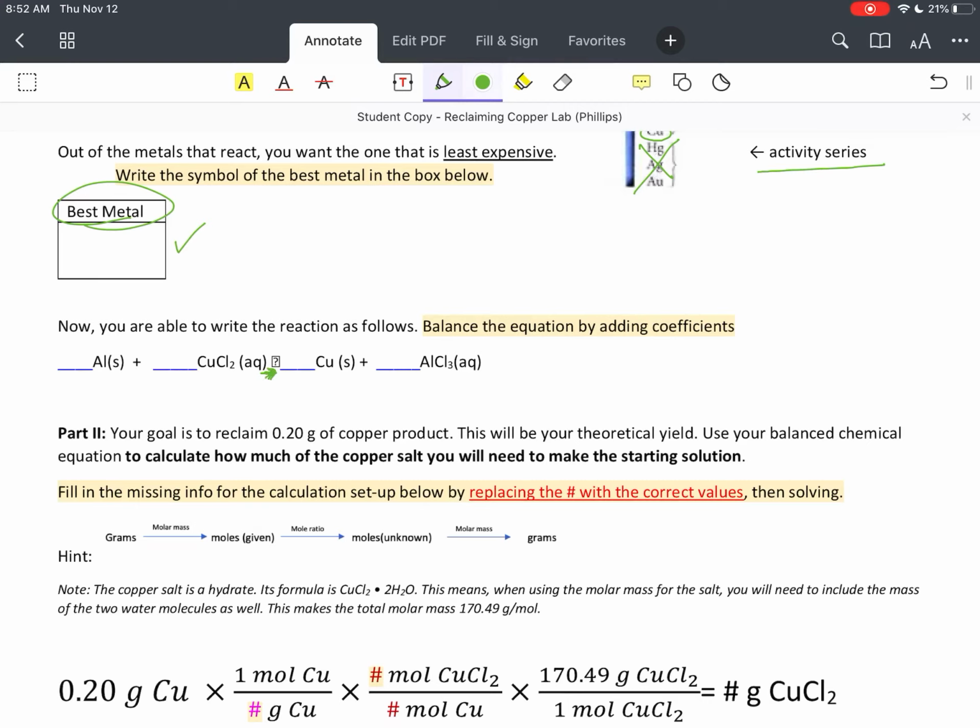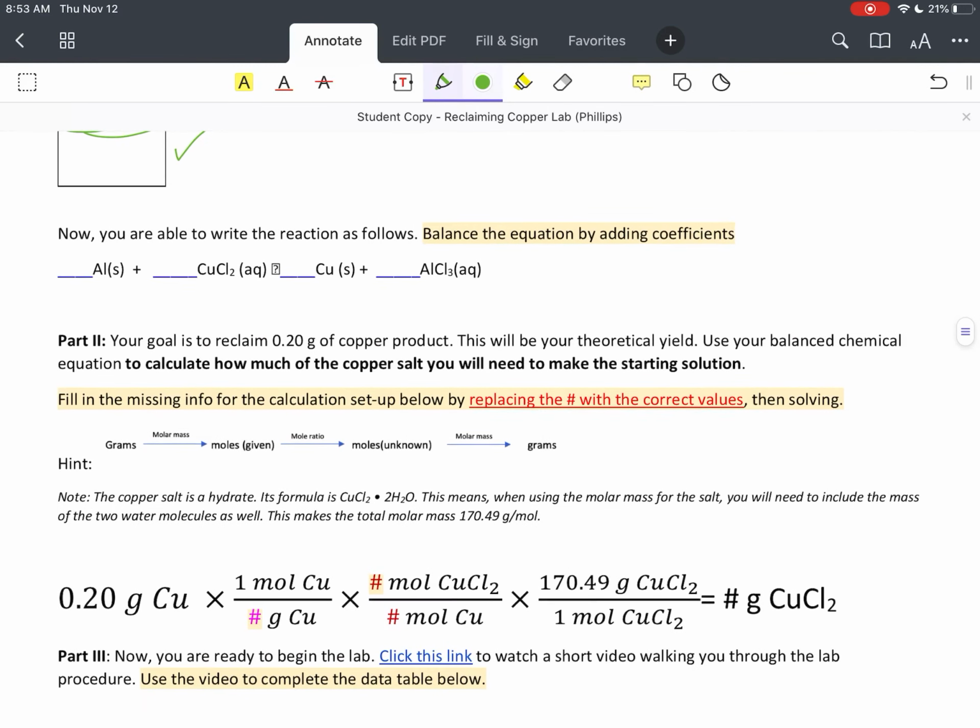We can see that this aluminum has kicked copper out. So now my aluminum chloride is what is dissolved in my solution, and I'm going to have a solid copper substance that we'll see reacts out of the solution. So the first thing you need to do is balance this equation. So I would suggest pausing here, balancing your equation.